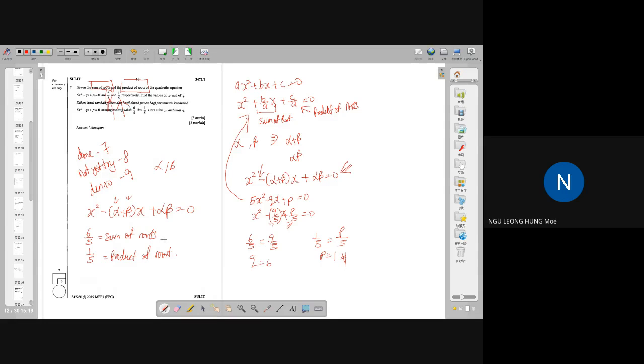Dia bukan maksud, mungkin kamu salah faham, kamu ingat root pertama 6/5. Katakan root pertama ialah alpha 6/5, root kedua 1/5. Jadi kamu buat alpha tambah beta, kamu buat 6/5 tambah 1/5. Mungkin kamu buat macam ini, saya tak nampak apa yang kamu buat. Tapi you kena pasti, this is sum of roots, which means is 6/5.